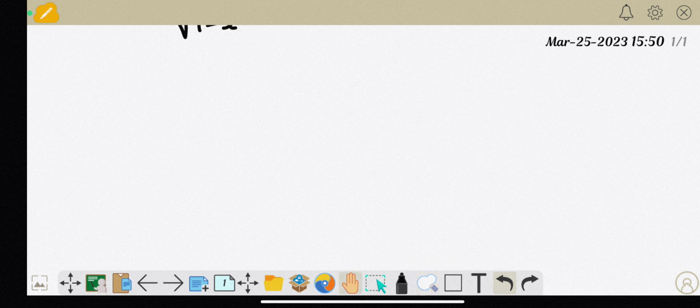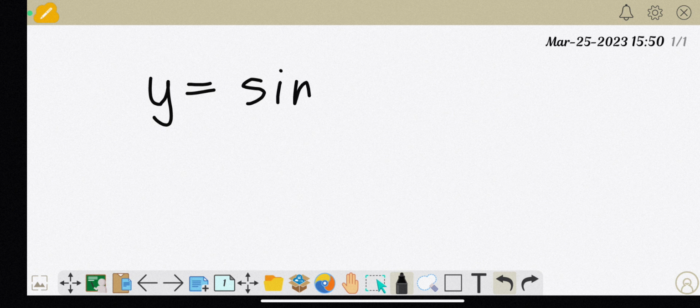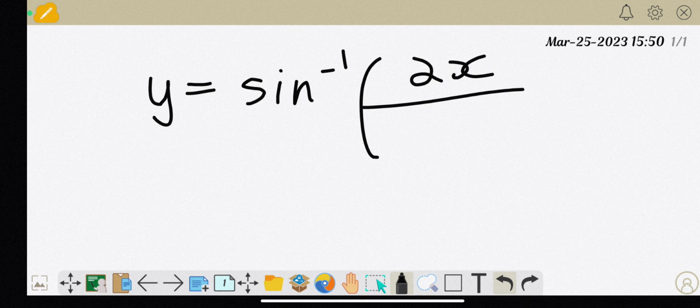Okay, so see, there is some alternative for this, the same kind of question. So y is equal to... so if the question is in this way, there is some alternative for this.